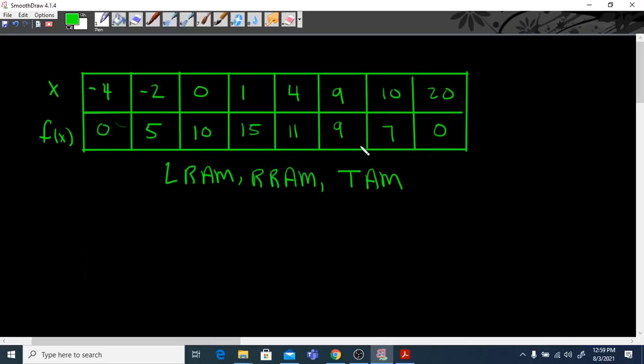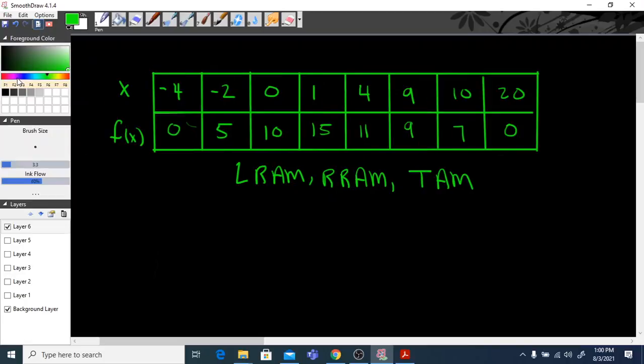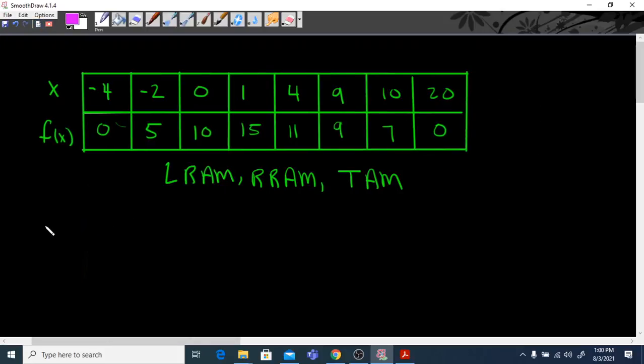What we are interested in is estimating the integral, and in this case we're going to go from -4 to 20.